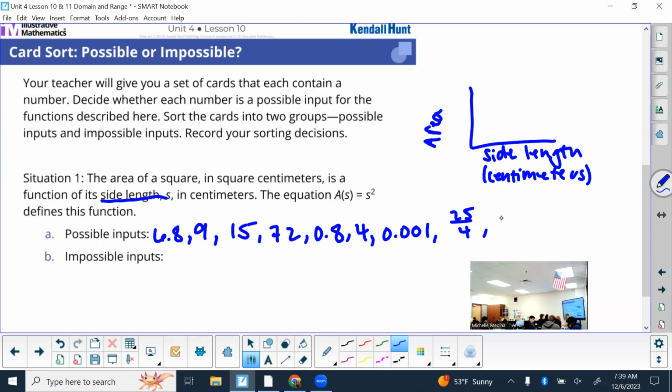Okay, table 5, are there any other possible ones? 3/5. Table 4, are there any other possible ones? Yes, no. Okay.